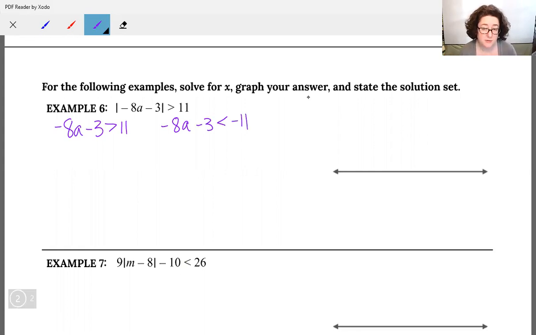Okay, add a 3 to both sides, so negative 8a is greater than 14. And then divide both sides by negative 8, but when we're dividing by a negative, what has to happen? We've got to flip our inequality. So this is going to really be a is less than negative 14 over 8.